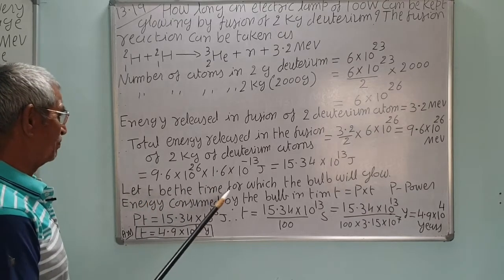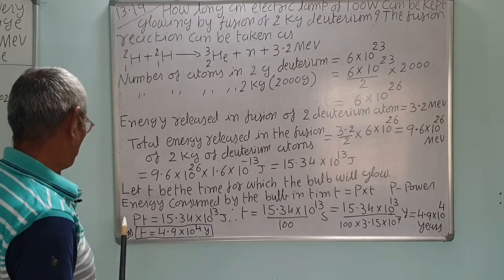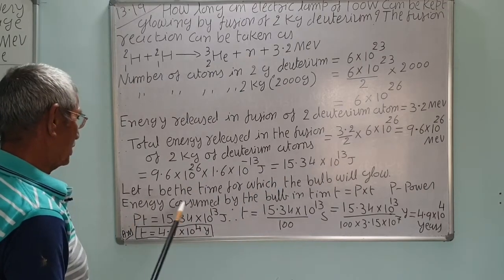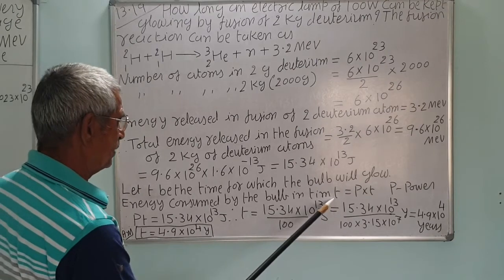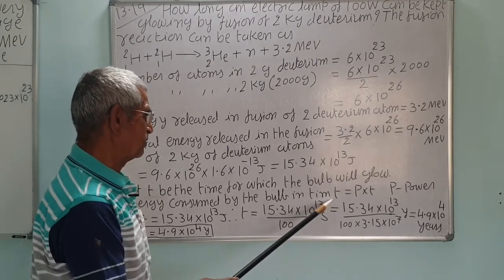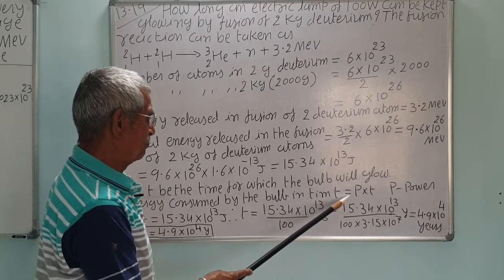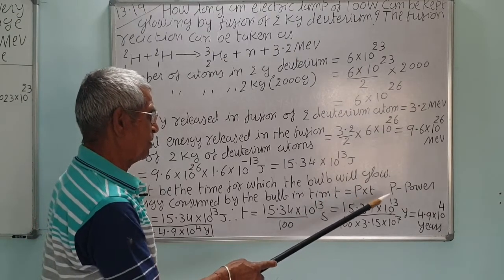Let T be the time for which the bulb will glow. Now the total energy is this one. The energy consumed by the bulb in time T will be the total energy. Suppose the bulb glows for T seconds, then it is power into time.